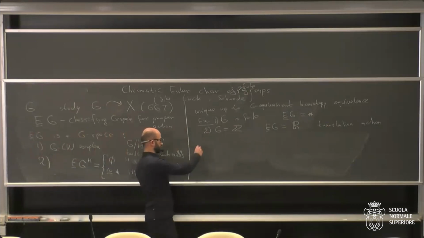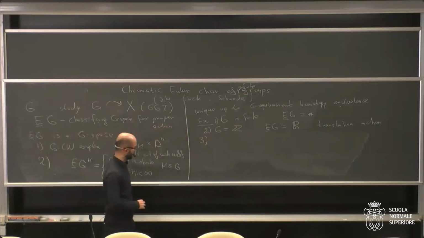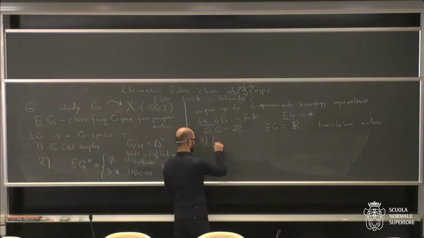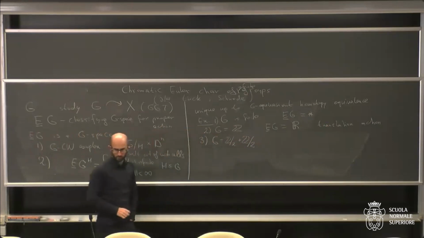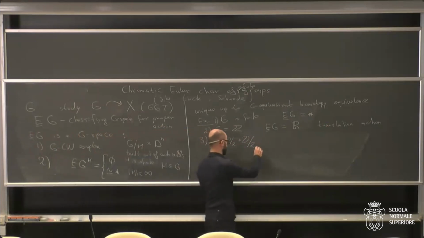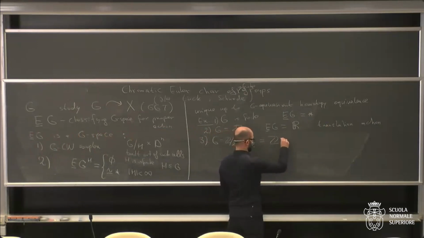Let's make it a bit more complicated, bring in some torsion to have a bit more fun. We can look at the infinite dihedral group, which is a free product of Z mod 2 with Z mod 2, which is the same as a semi-direct product of the integers with Z mod 2.